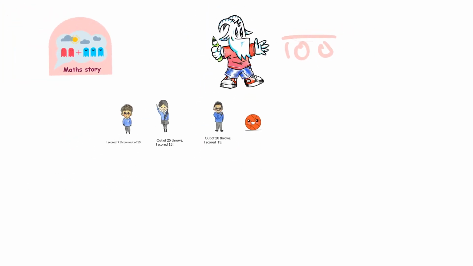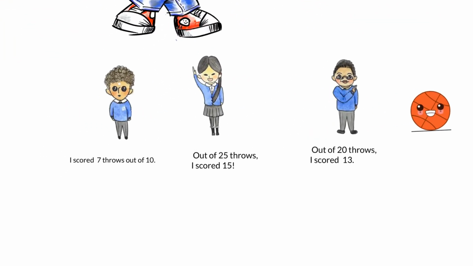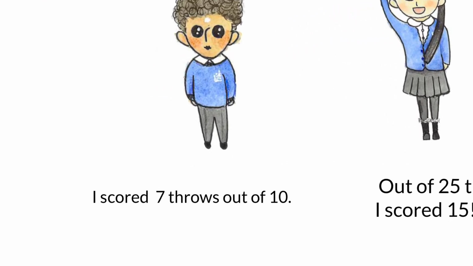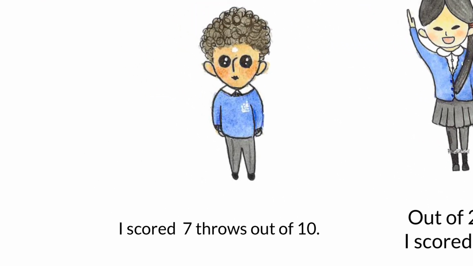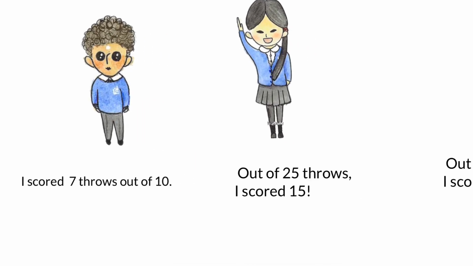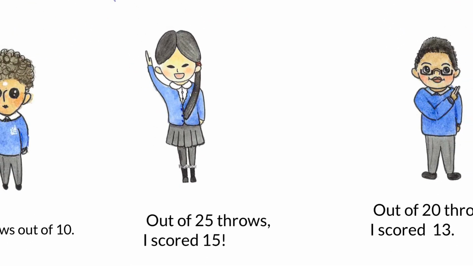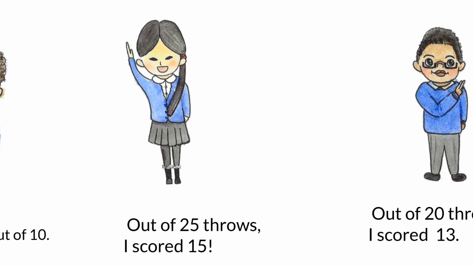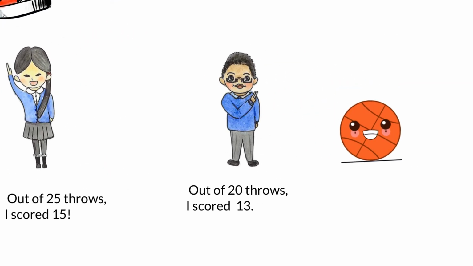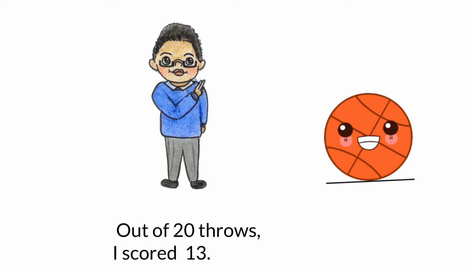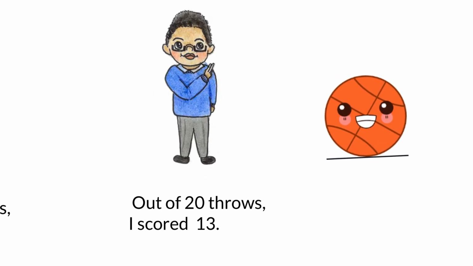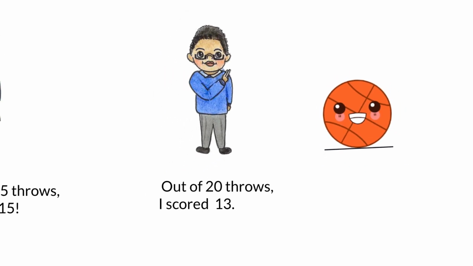Let's have a look. Adam says, I scored 7 throws out of 10. Betty says, out of 25 throws, I scored 15. Now Charlie says, out of 20 throws, I scored 13.